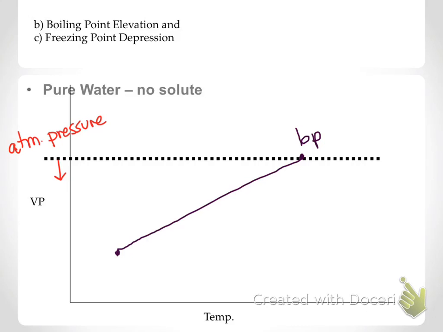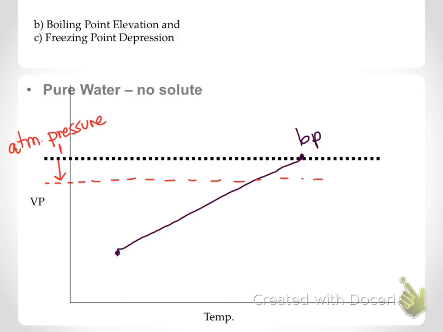But anyways, if I lower this line, so not by adding anything, but it's still just pure water, but if I lower this line because I am somewhere where the air pressure is lower, like Colorado, I want you guys to see what that effect is on the boiling point. So this is our new atmospheric pressure.